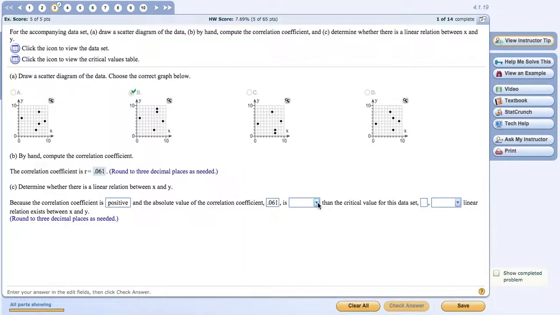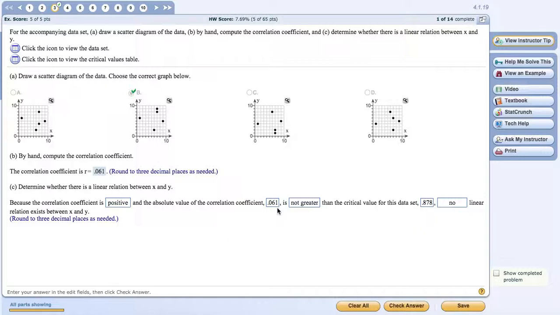So it's asking, is 0.061 greater than 0.878? 0.061 is not greater than the critical value for this data set, 0.878. And so no linear relationship exists between X and Y.